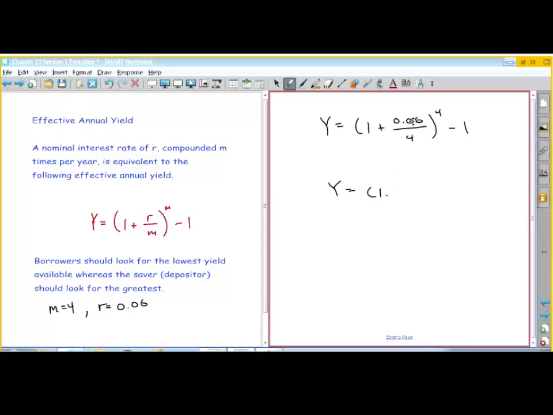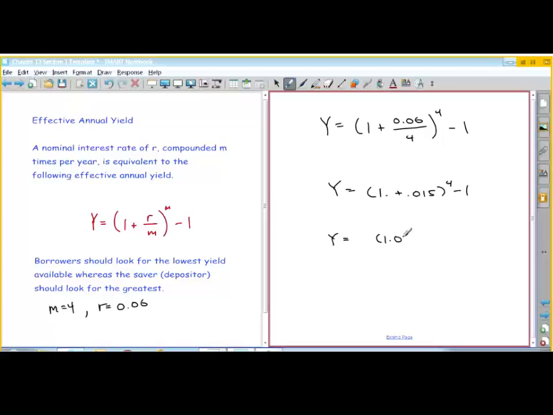So we get 0.06 divided by 4, which is 0.015. So that's this divided out. Again, you can do it all at one time in your calculator, but I'm just going through this.